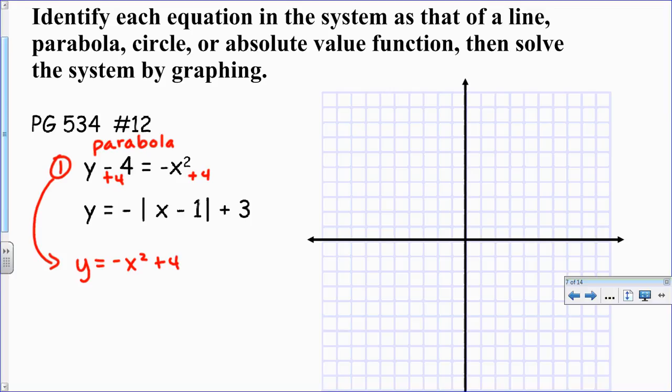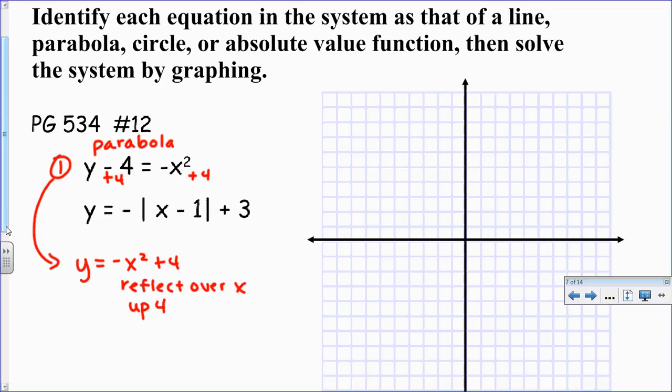Okay. So parabolas, let's talk about the transformations from the parent function. That negative out front means that you reflect over x, and then the plus 4, you go up 4.